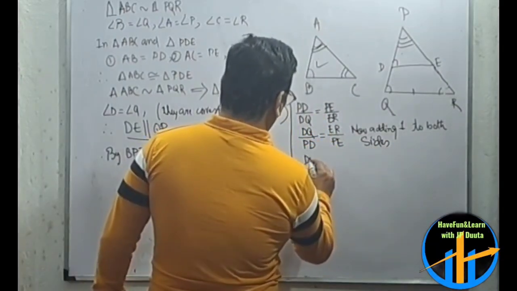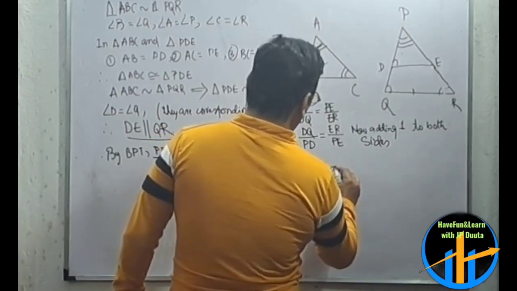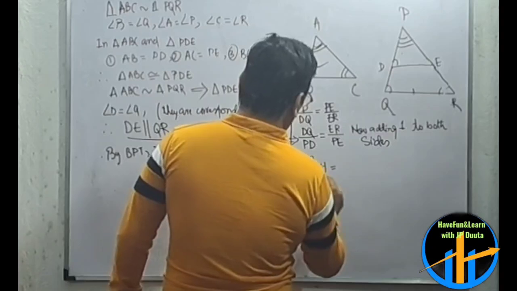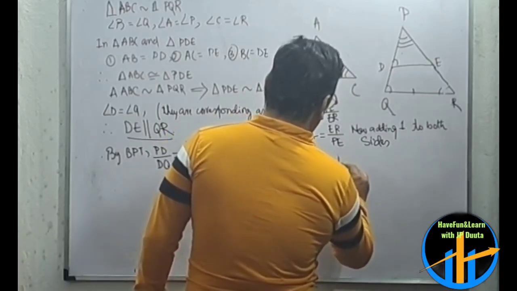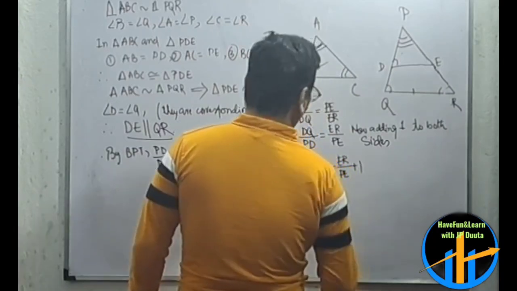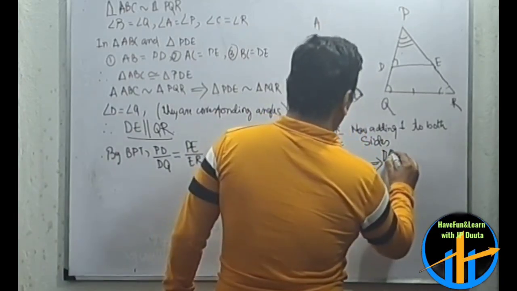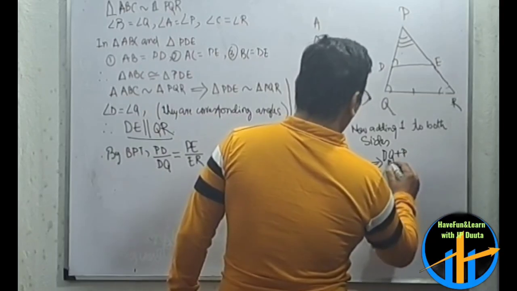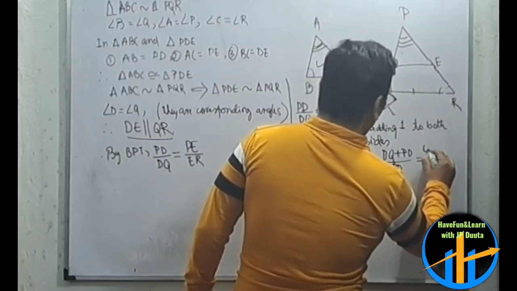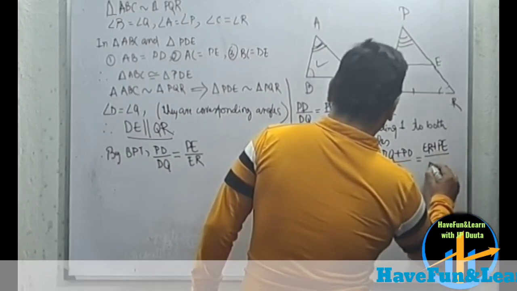So DQ by PD plus 1 implies that ER by PE plus 1, which implies DQ plus PD divided by PD is equal to ER plus PE by PE.